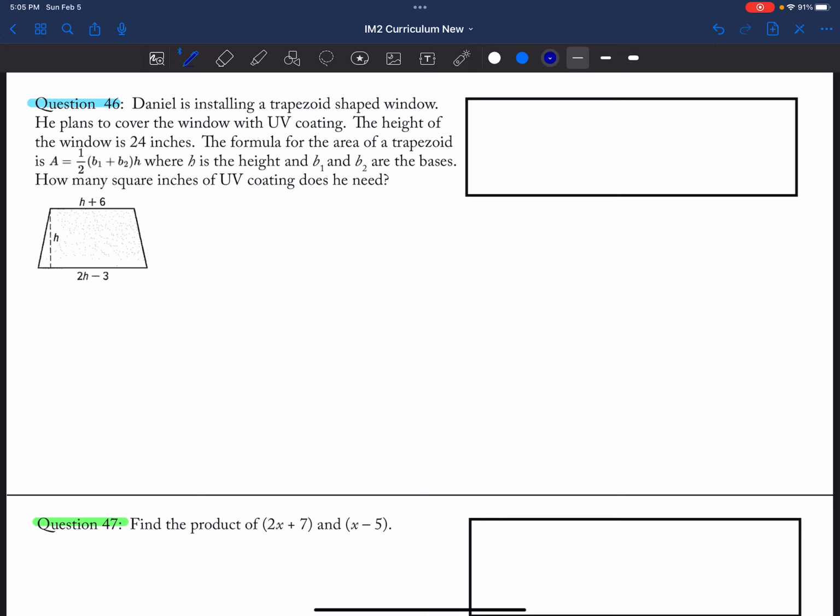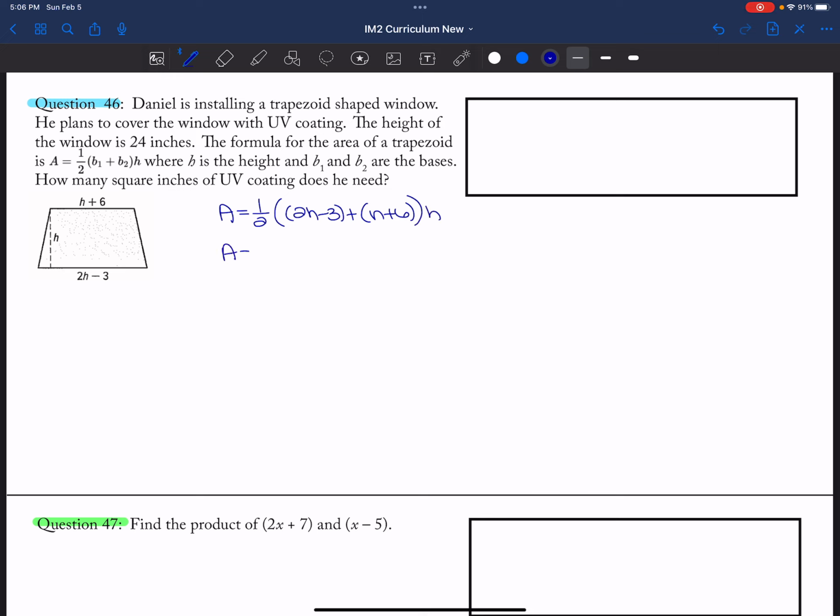In a sense, what you were supposed to do, I think, was go area is equal to 1/2 b1 plus b2, which is 2h minus 3 plus h plus 6, and then times the height.